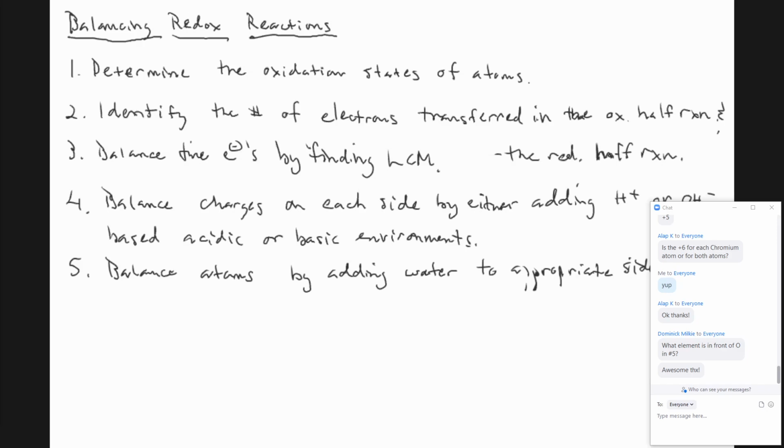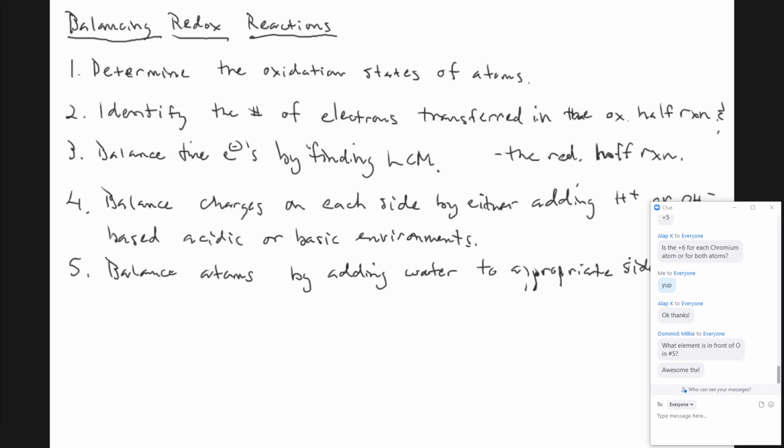So you're going to multiply them so that you transfer an equal number of electrons for the oxidation and reduction half. Number 4, balance charges on each side by either adding H plus or OH minus based on acidic or basic environments, and balance atoms by adding water to the appropriate side of the reaction.